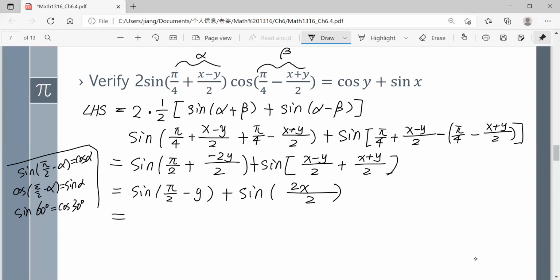So this is a little bit of review. So this one, this is y. Erase it, rewrite it. Okay, this term is cosine y. And then plus this term is sine x. So left-hand side equals right-hand side. We proved it. Okay.